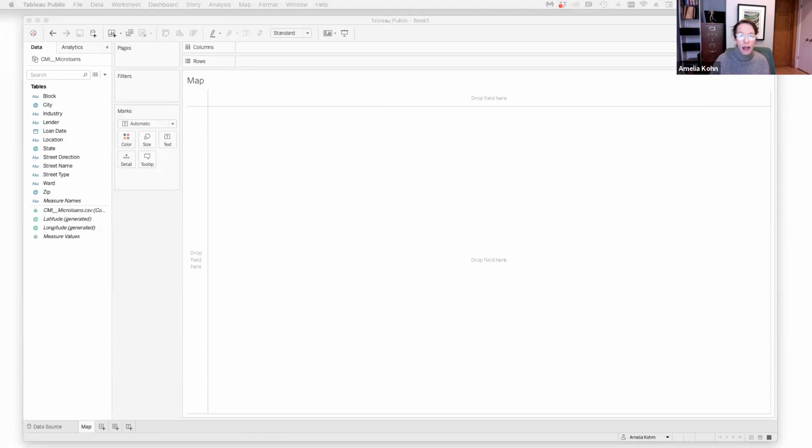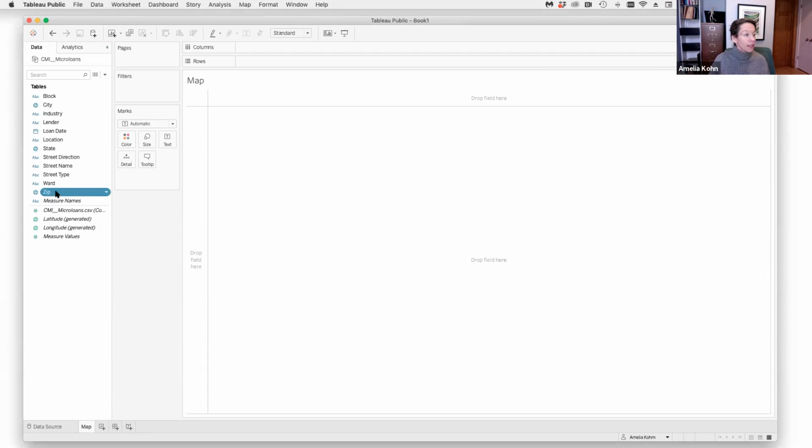Okay, so to create the map, this is almost like magic. All I need to do is double click on a geographic variable. So you can see we have zip code here in the data pane. It's one of my dimensions. All I'm going to do is double click on it and watch what happens.